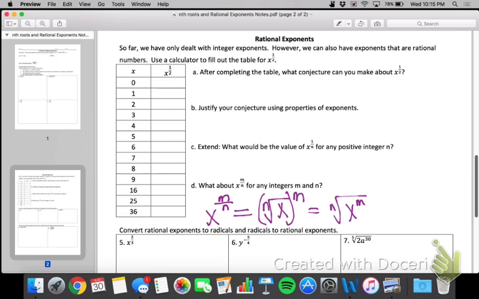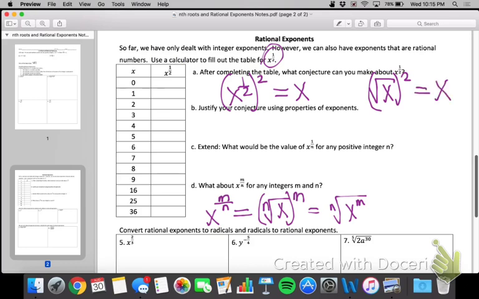The reasoning for that is best explained if we just look at x to the 1/2. If I square this number and I use my properties of exponents, that's 2 times a half, the power raised to another power. So that gives me x. Well, another number that gives me x when I square it is the square root of x.